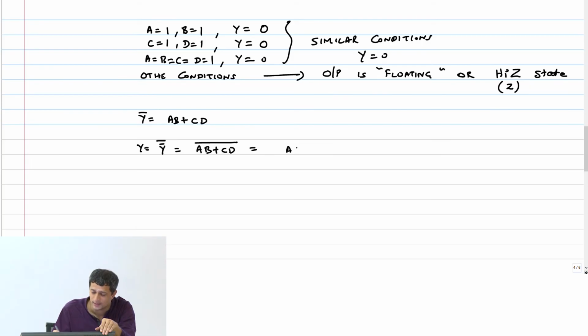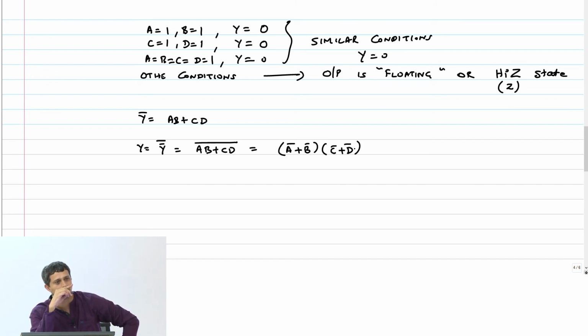Now this can be written like this. Use De Morgan's laws. Make all the ands, ors, and ors, ands, and pull the complements inside. So it will become A bar plus B bar into C bar plus D bar. So there is no way that any of these combinations can cause the pull-up network to turn on and the pull-down network to turn on at the same time, because we have complemented these two.